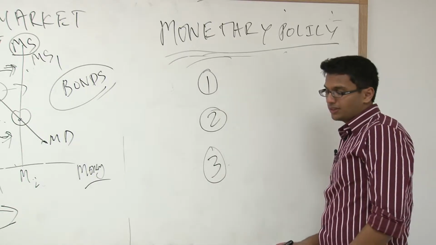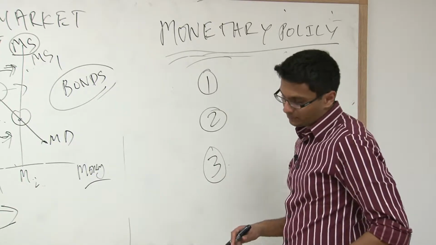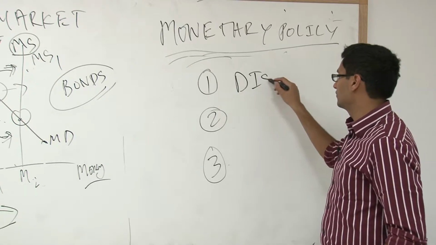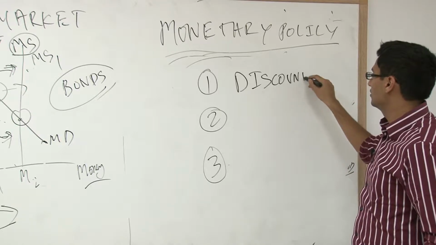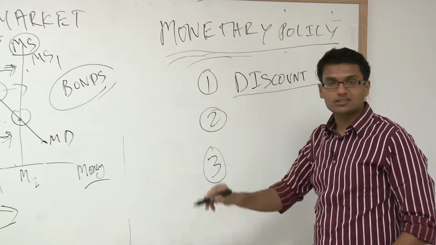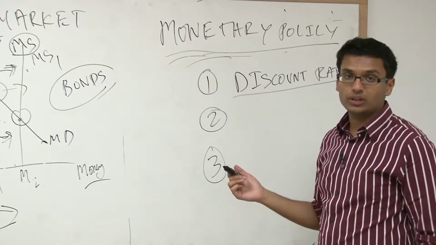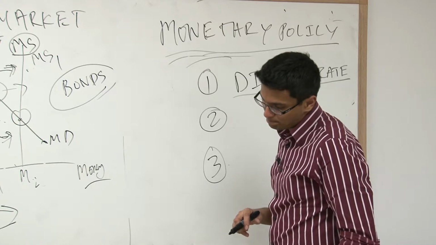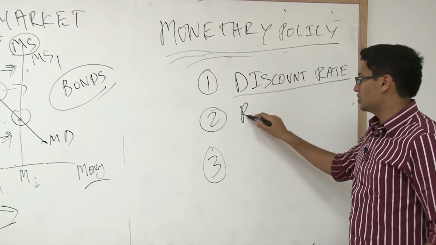But let me start with one of the options being change the discount rate. Okay, so discount rate. I will define these and help you out with all of these, but first let's talk about these and just name them, okay? Discount rate. Second is the reserve ratio.